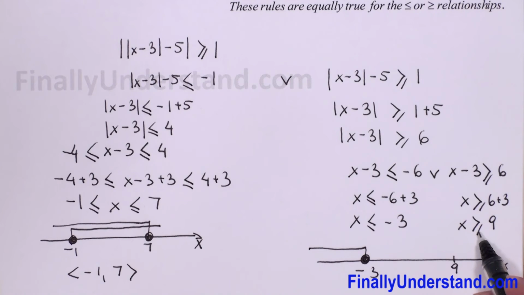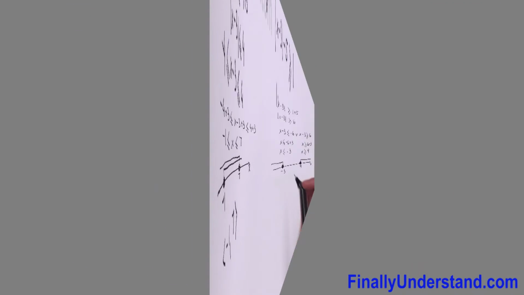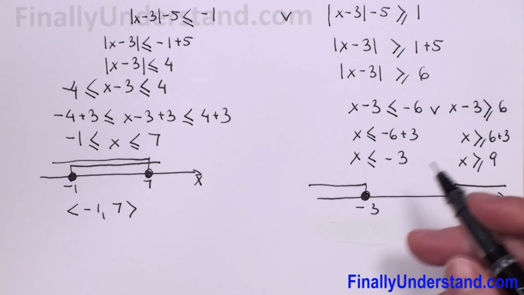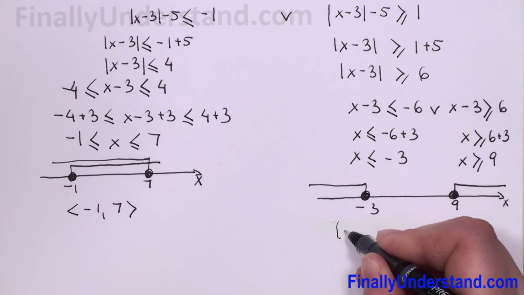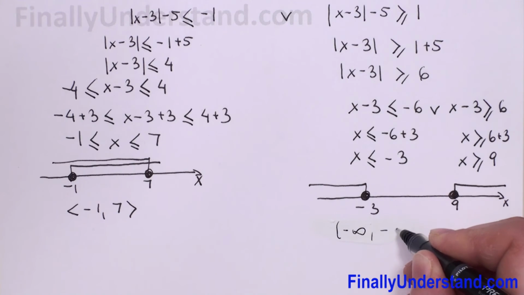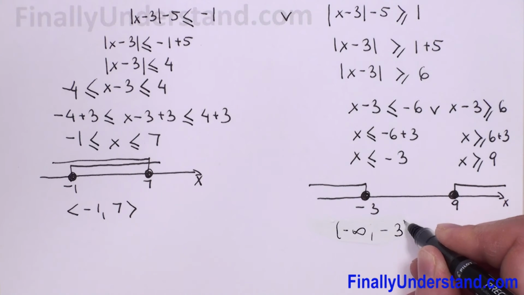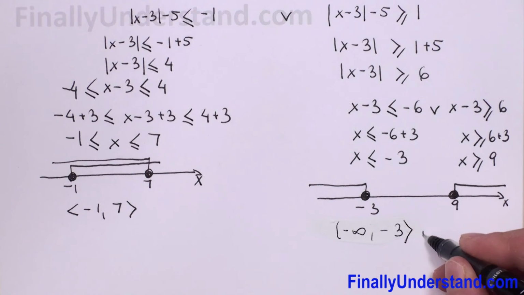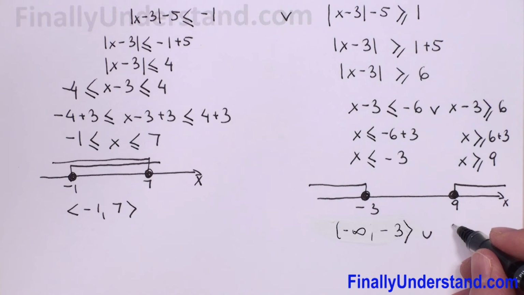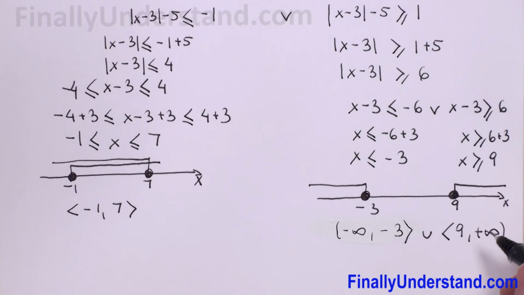And we have x is greater than or equal to, it means 9 is included, and we are going to the right side to positive infinity. So we got two intervals: from negative infinity to negative 3, closed on the right side, and the second interval from 9 to positive infinity, closed on the left side.